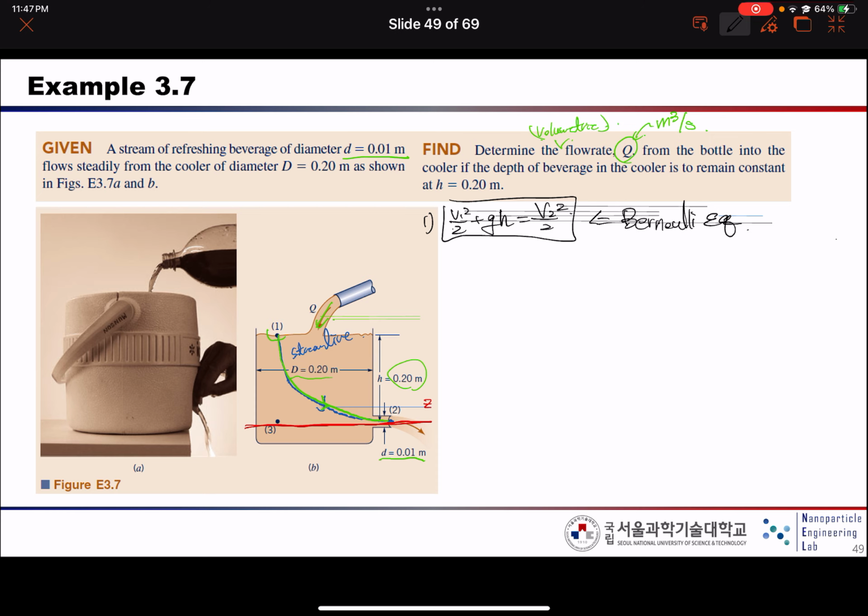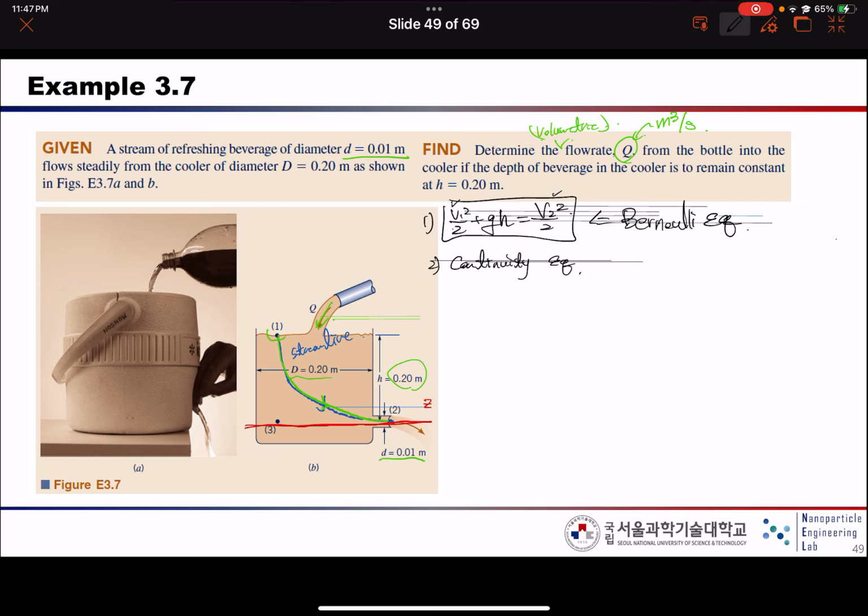So as you notice, because we want to calculate V1 and V2, right? There are two unknown variables, so we need one more equation. So for one more equation, now we try to use the continuity equation. Okay.